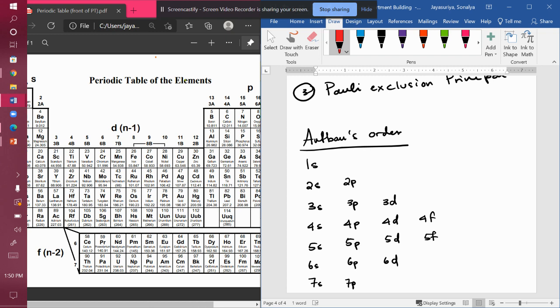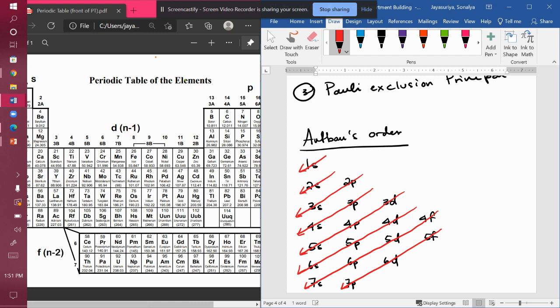You have to use arrows to cross. 1S, 2S. You just cross what's in that same diagonal line. 2p, 3s, then 3p, 4s, then 3d, 4p, 5s, which is why you have to write it really neatly, okay? Then 4d, 5p, 6s, then 4f, 5d, 6p, 7s, then 5f, 6d, 7p.